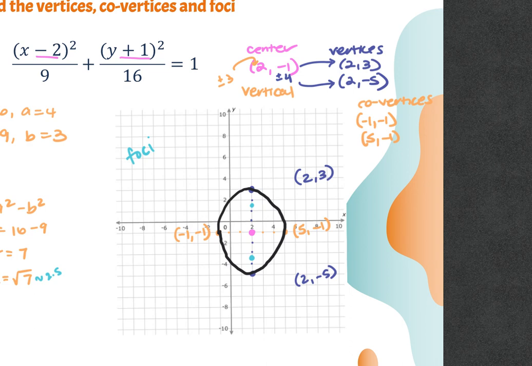What we've done is taken that 7 and added and subtracted it to the Y coordinate of my vertex. So 2, -1 minus √7, and 2, -1 plus √7. So the foci goes again on the vertical axis this time because this is a vertical ellipse.